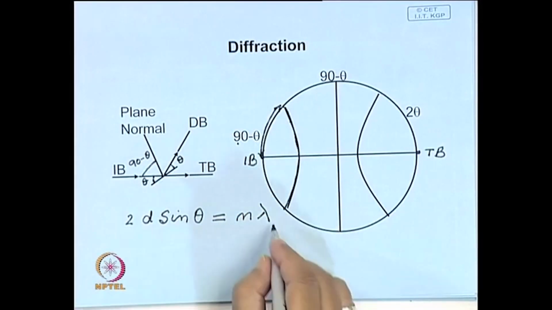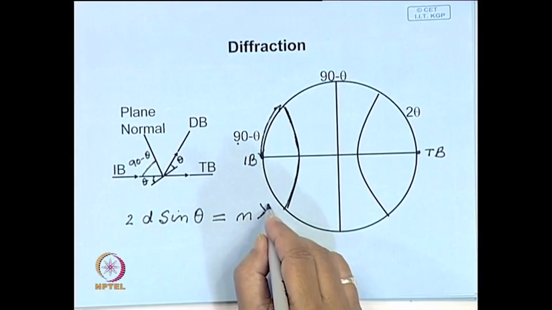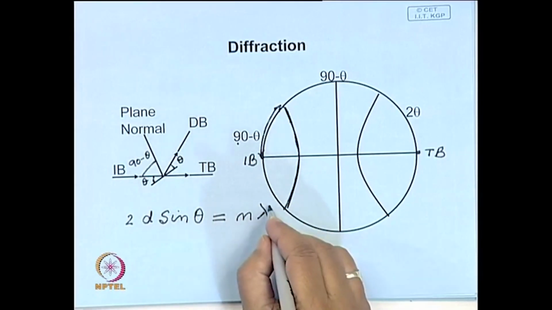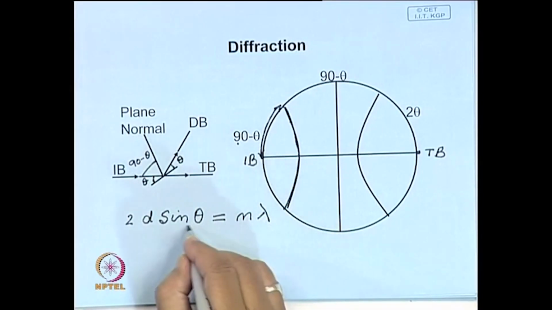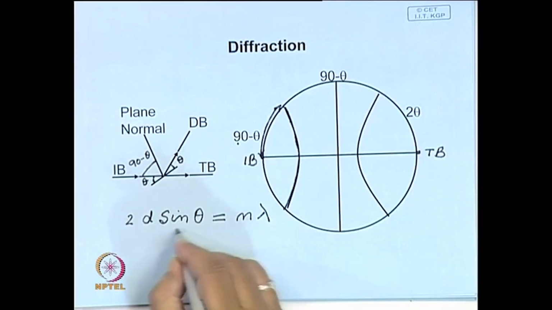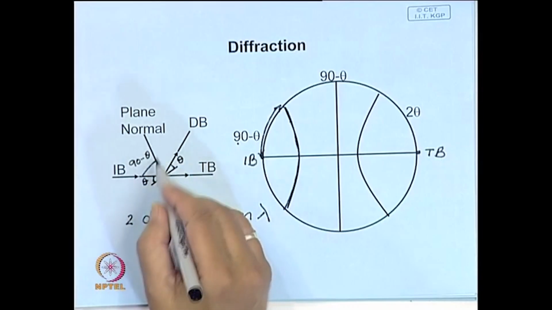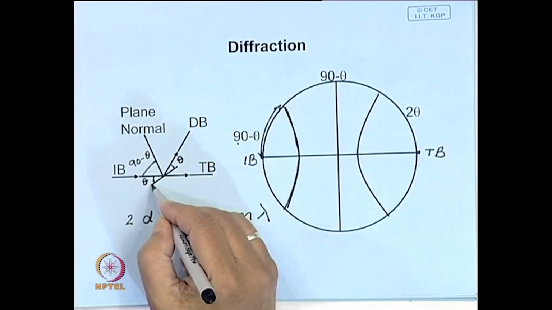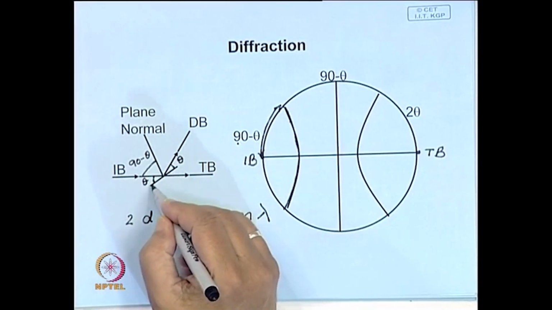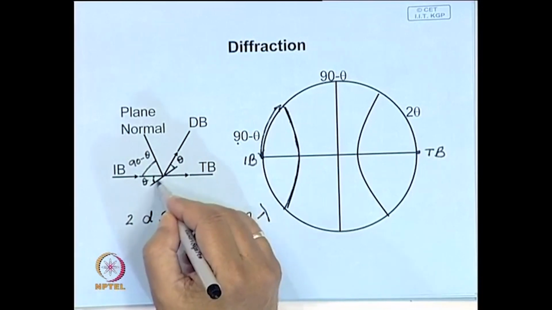Now, when you use a powder diffraction pattern, lambda is fixed, but you have a large number of crystals. Since there are a large number of crystals, there are a large number of reflecting planes.